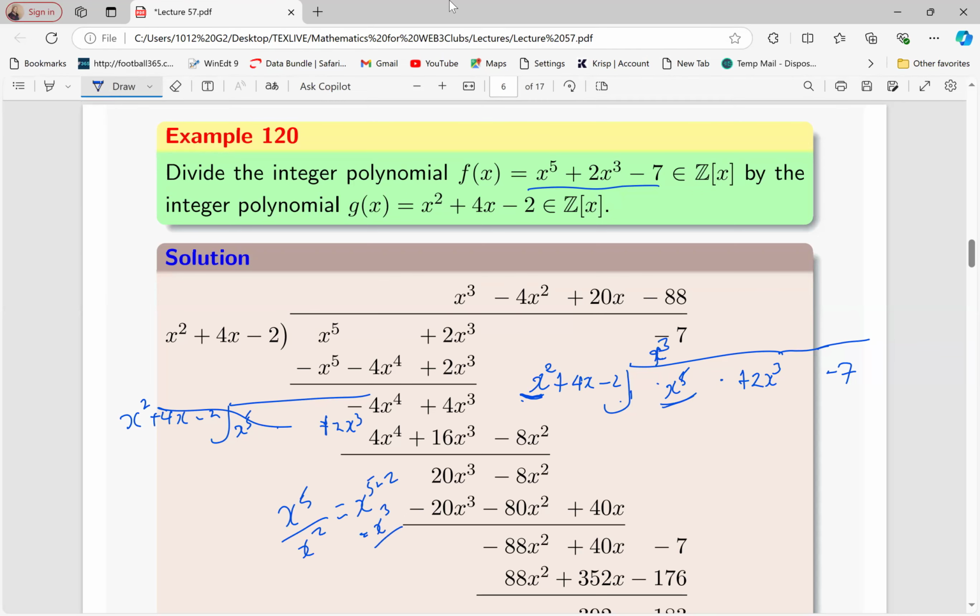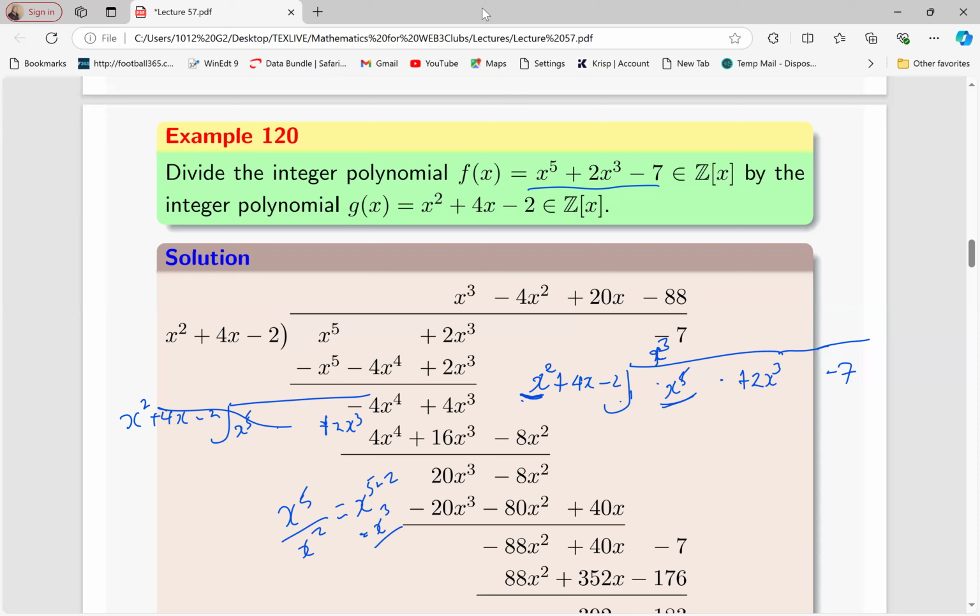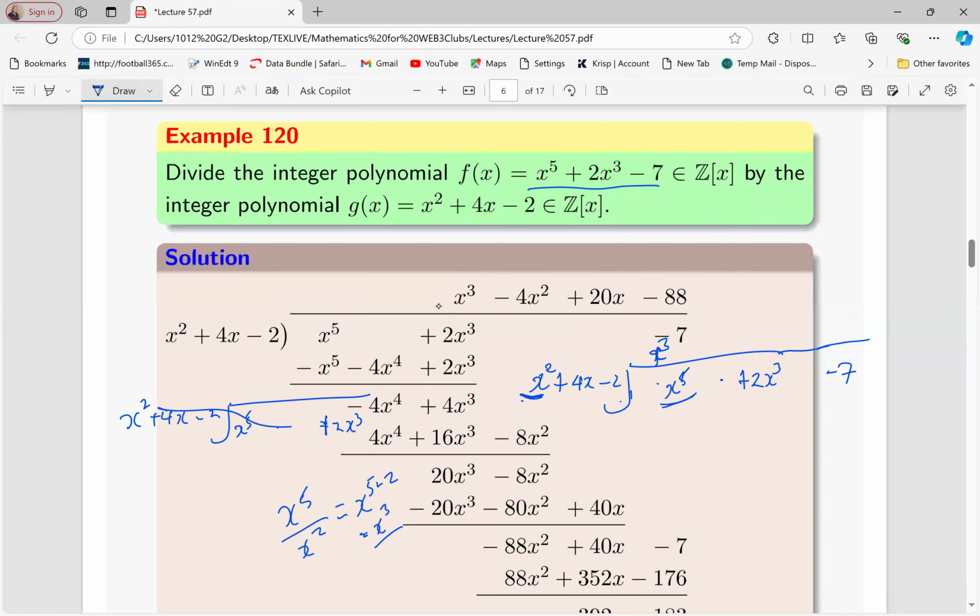Then you multiply that x raised to 3 times the entire polynomial. When you are multiplying, of course, the law of indices says that if you have x raised to n times x raised to m, you add the powers, so n plus m is the result you get.